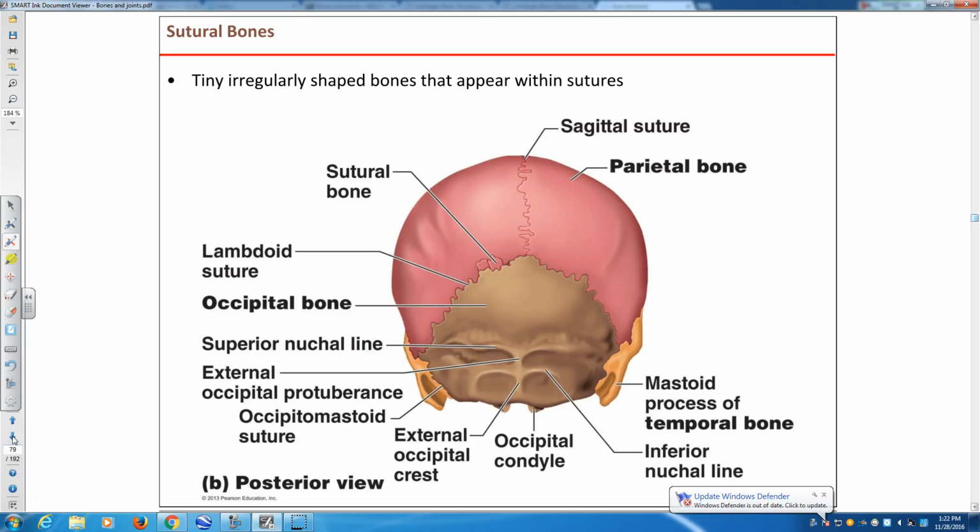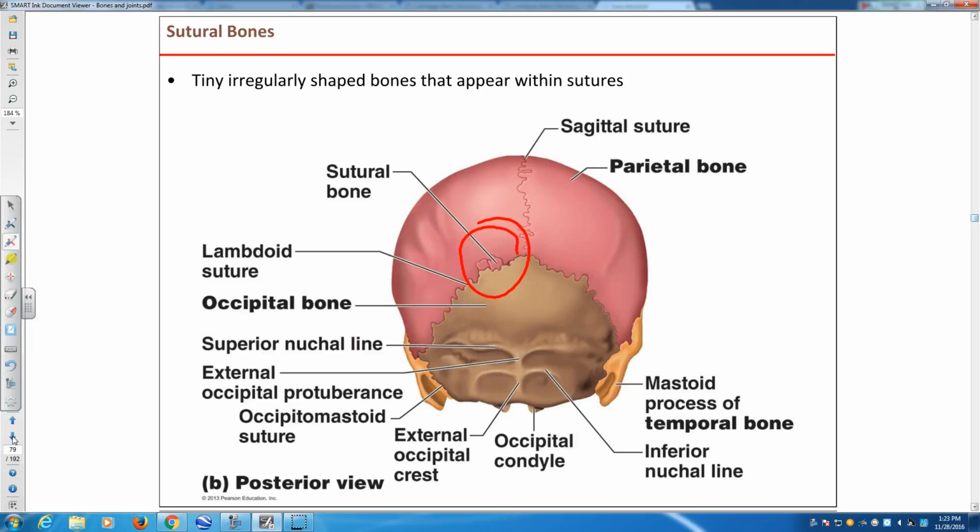Sutural bones. Take a glance at the sutures, the joints between the bones. What you'll see there, well, I can see on mine, right here. Look at yours. You may see the same. The little, irregularly shaped sutural bones that appear in sutures.